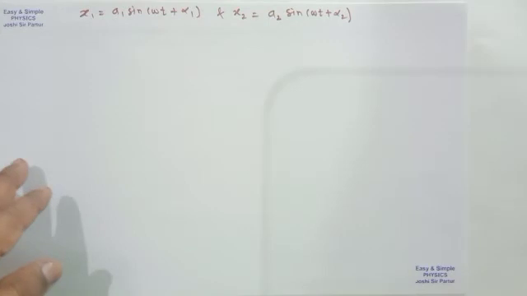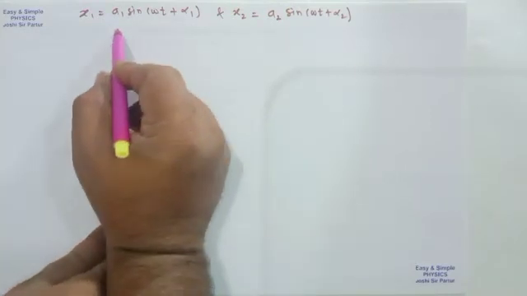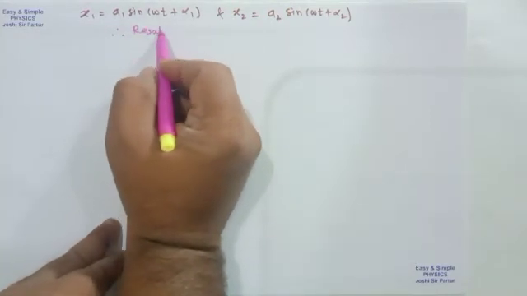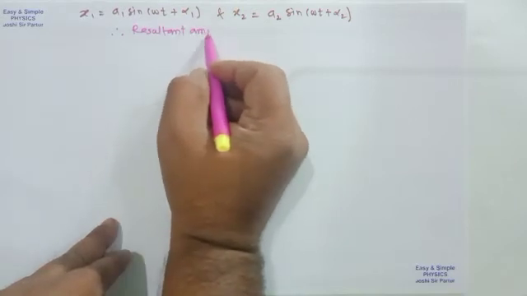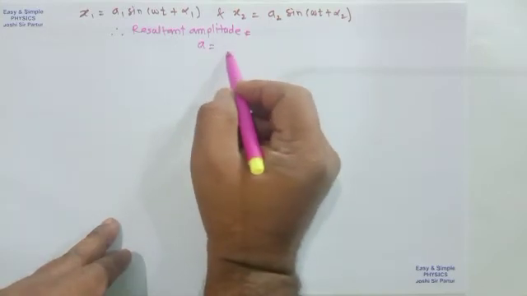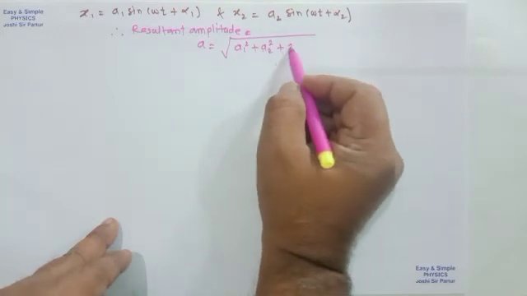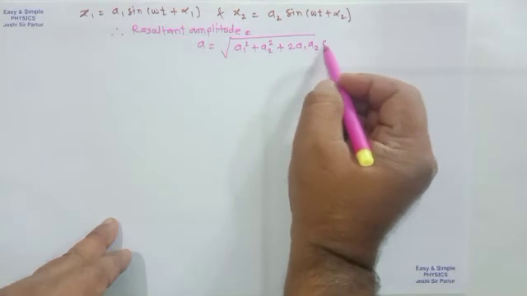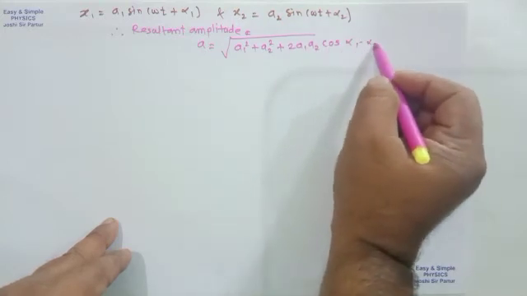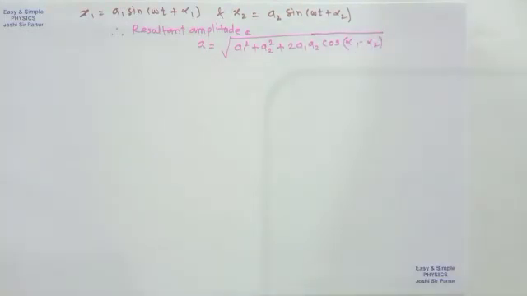The two S.H.M having different amplitudes and different initial angles, so their resultant amplitude is A equal to square root of a1 square plus a2 square plus 2 times a1 a2 cosine of alpha 1 minus alpha 2, where alpha 1 minus alpha 2 is called the phase difference.